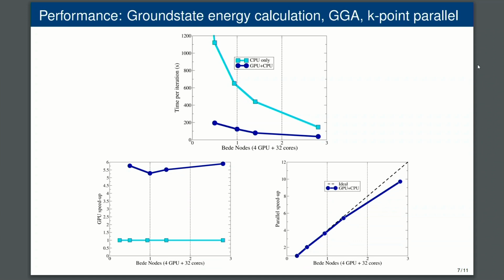And then if we look at the parallel speed up, so the more resources we're throwing at it, how is it actually comparing to the ideal case? You can see we're pretty much keeping track with the ideal line as we go up, even across the nodes, so we're getting some communication cost there, but not a great deal. And then it veers off to something like 80% of ideal, which we think is acceptable.